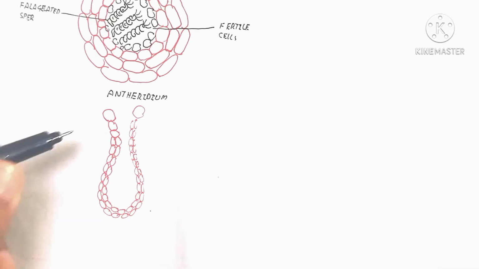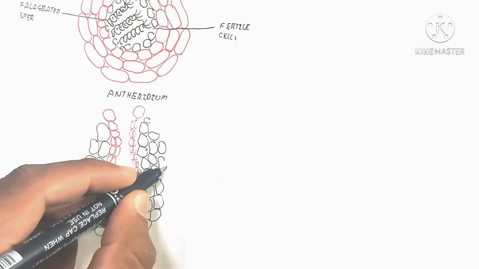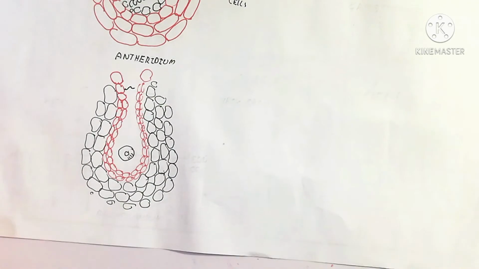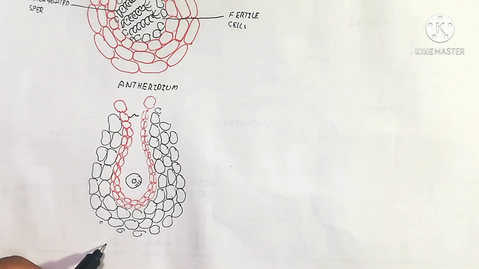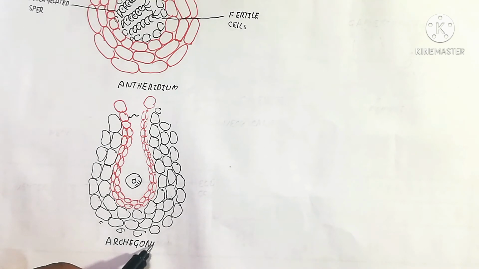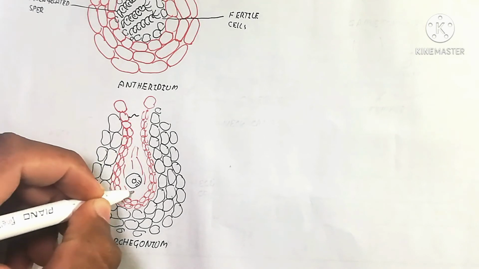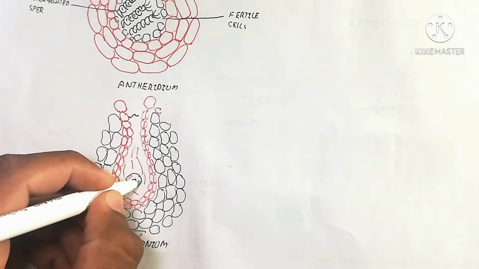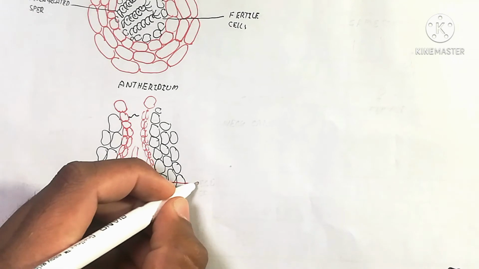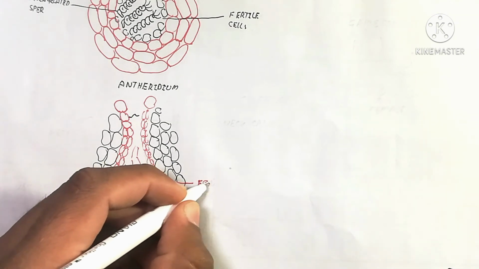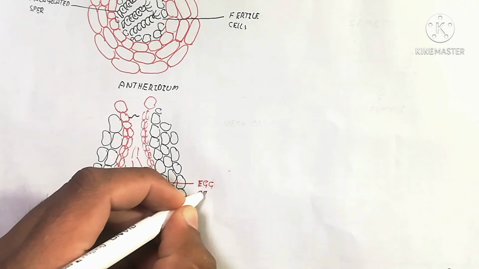Here we will discuss the archegonium. That was the antheridium, and here is the archegonium. The archegonium contains one nucleus known as the egg, and the upper part is known as the cover cell, while down is the neck canal, and the neck canal inside contains a chemical which is released and used for the fertilization after the raining season.